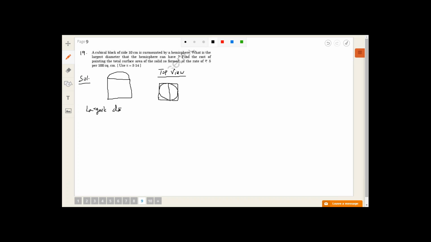So the largest diameter of a hemisphere is nothing but the cube side, which will be equal to 10 centimeter. So the radius will be equal to d by 2, that is diameter by 2, which is 10 by 2, which is nothing but 5 centimeter.